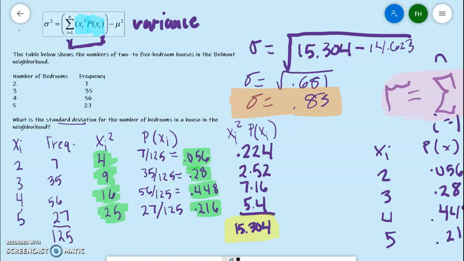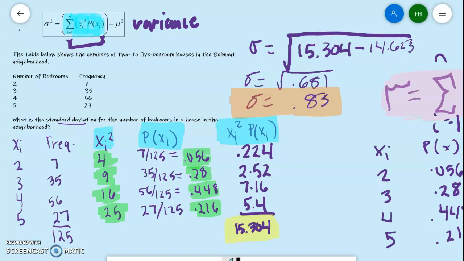So we got the probability of x, and we got x squared, and then it says to multiply because these are right beside each other. Then the last thing you do in this parenthesis, the order of operations says to add last. We're adding the products together, and that's how we got the 15.304.